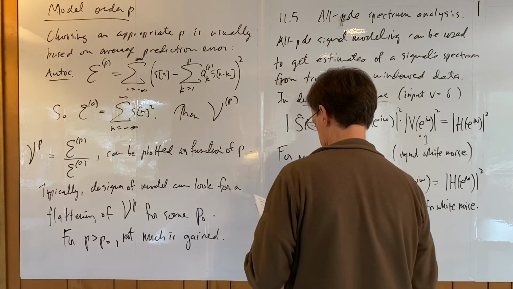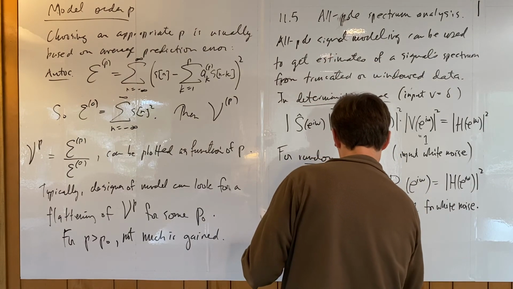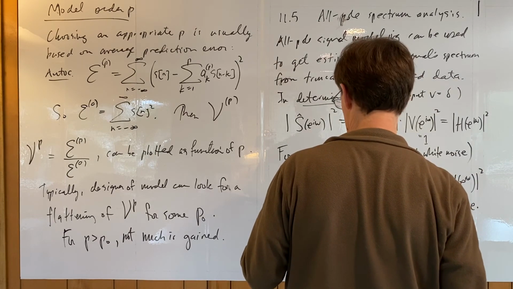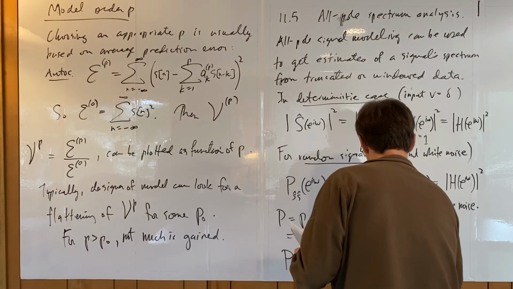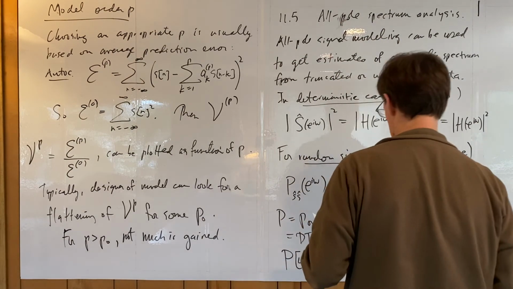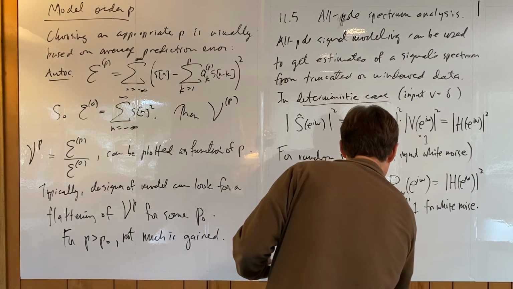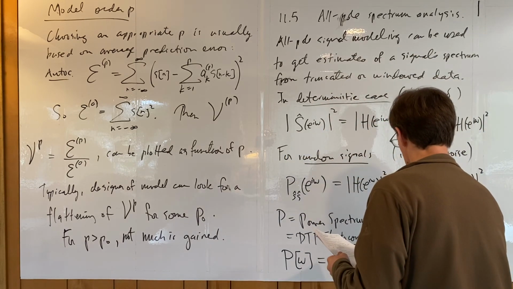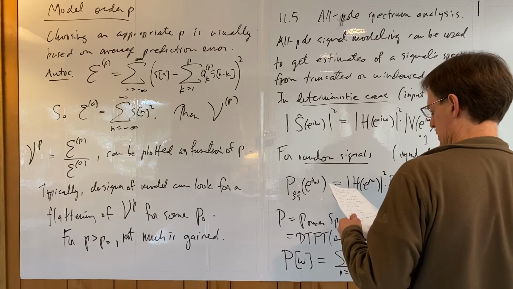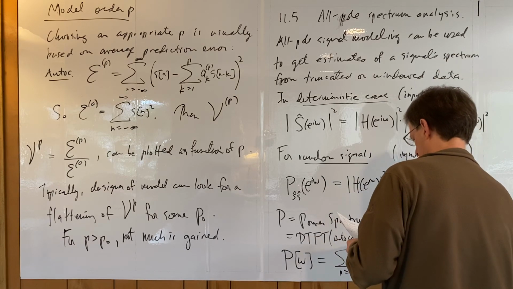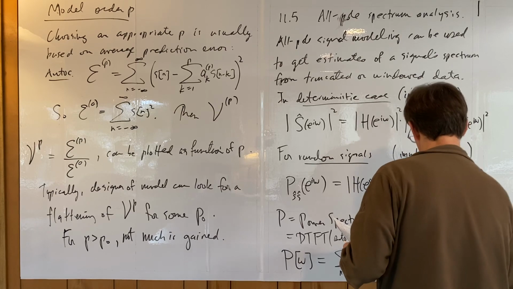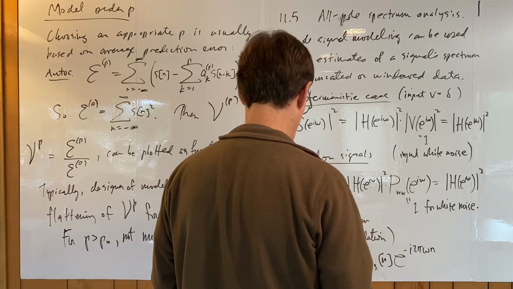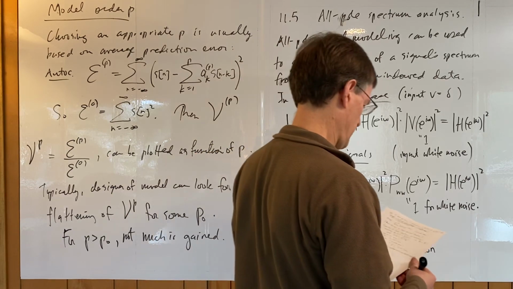But if you think of it just as a function of omega, which is more like we would be writing it in Math 320 and 321, then this would just be the sum n equals minus infinity to infinity. Here we've got a signal going in here, let's just call this S, and then we have at some value n, and then e to the minus i 2 pi omega n. So we've got the discrete time Fourier transform of the autocorrelation function. And I'll start with that next time and talk about some properties of the power spectrum also.